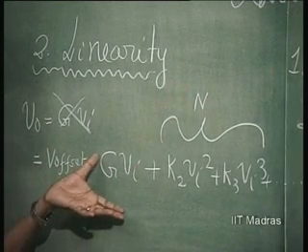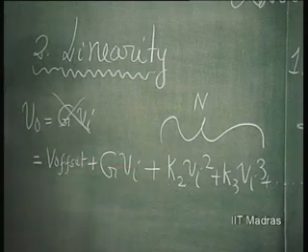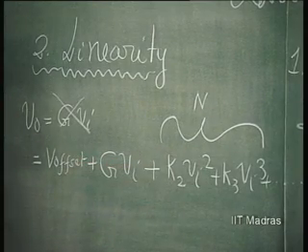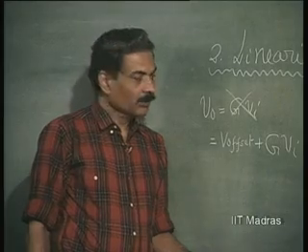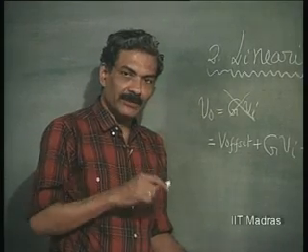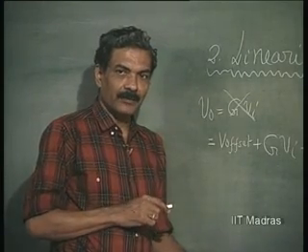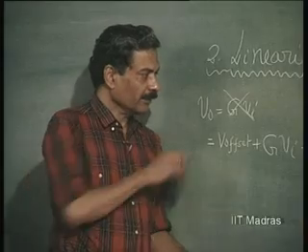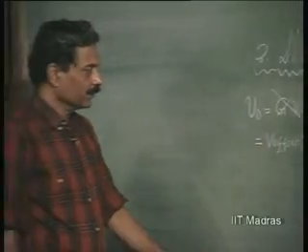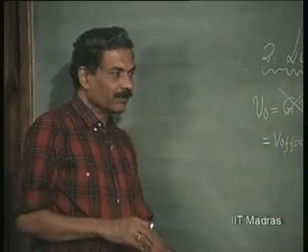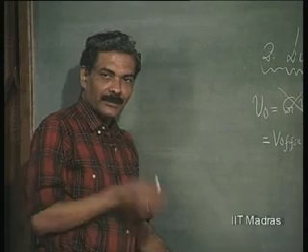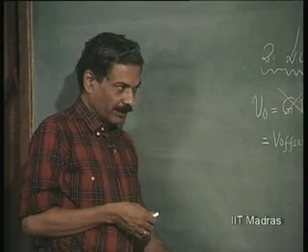But as signal level increases, all these nonlinearities play their part. So, how in a negative feedback can this be reduced? I am considering only voltage feedback. It is applicable equally well for current feedback or any other feedback.